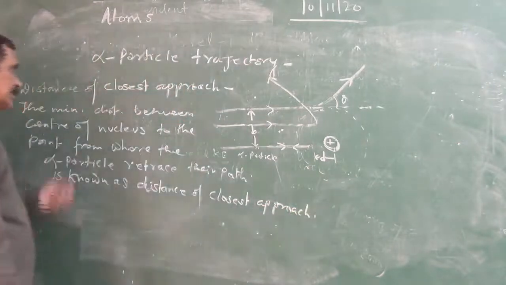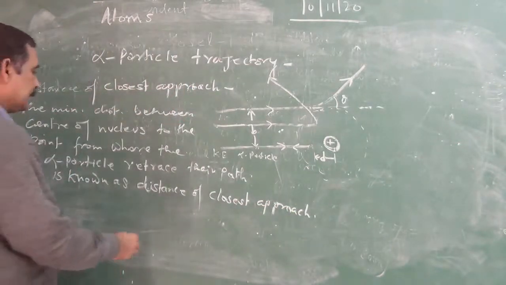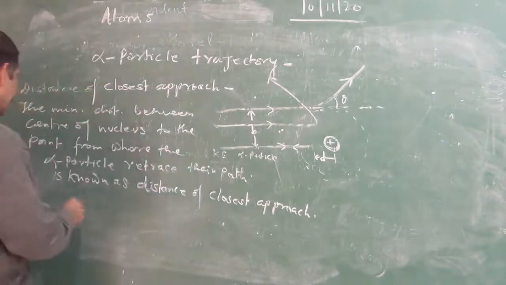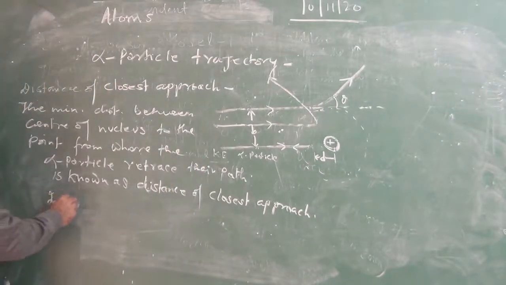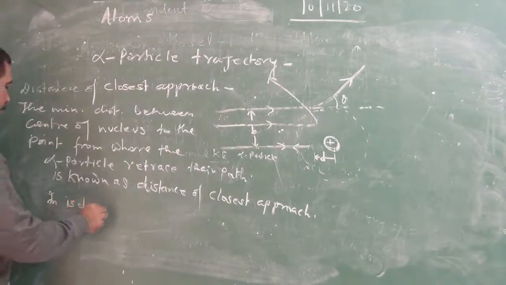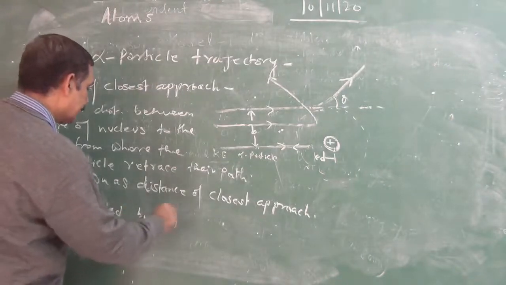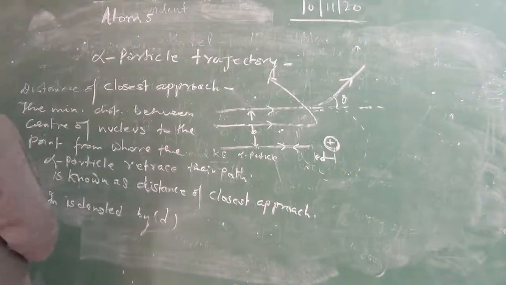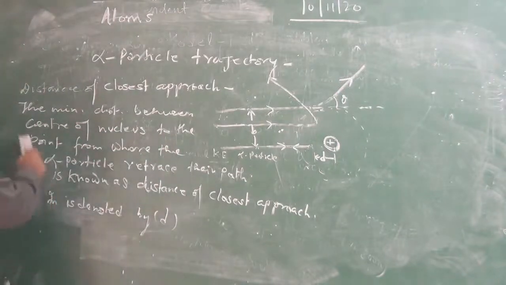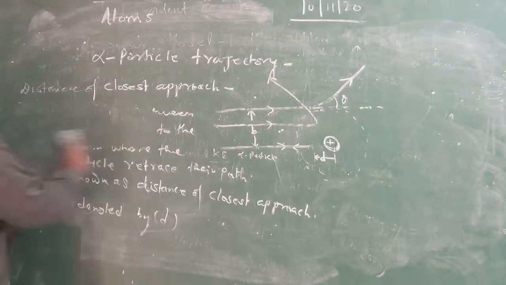It is denoted by the symbol D. Now let us calculate the distance of closest approach with the help of this figure.